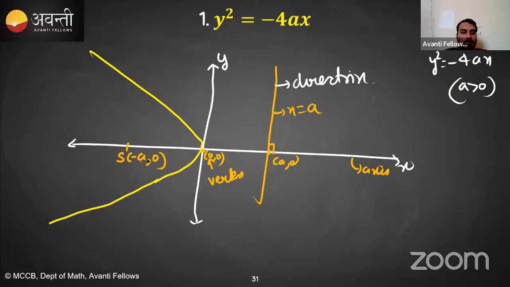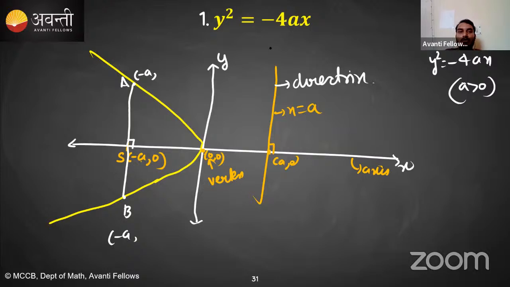Clear? Now I am interested in the length of the latus rectum. For that, what will we do? This is AB. What is here? The x coordinate will be minus a. Put minus a in the equation y square equal to minus 4ax.